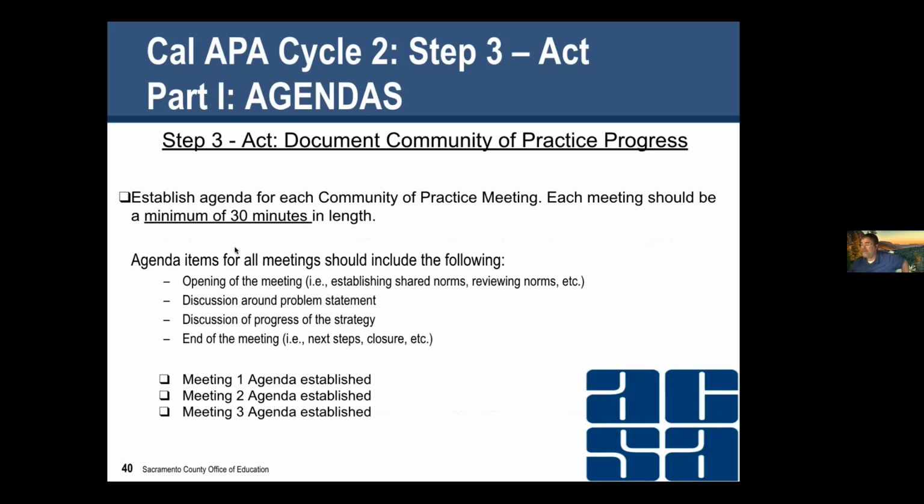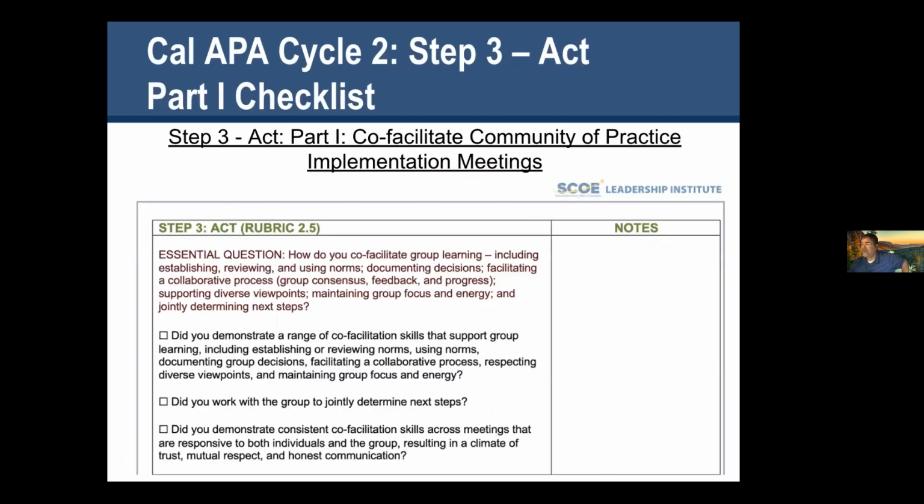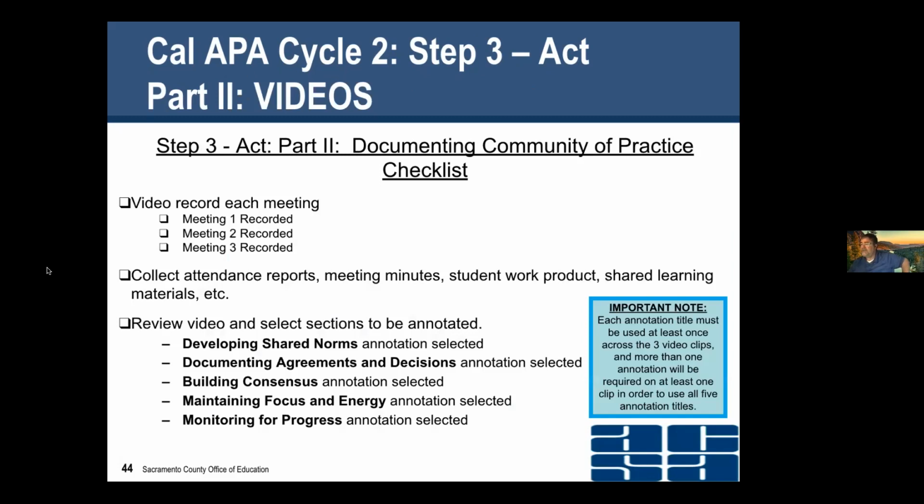This is kind of some information on how to develop some meeting agenda items and what that looks like, and a checklist. Again, here is the essential questions if you're so inclined to look. There's your checklist. There's your rubric as promised. Again, for the second part of this here with the videos, here's your checklist again.